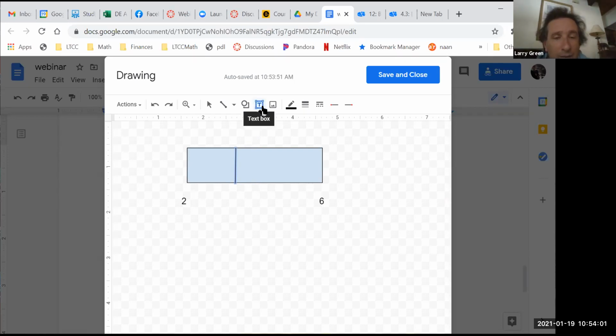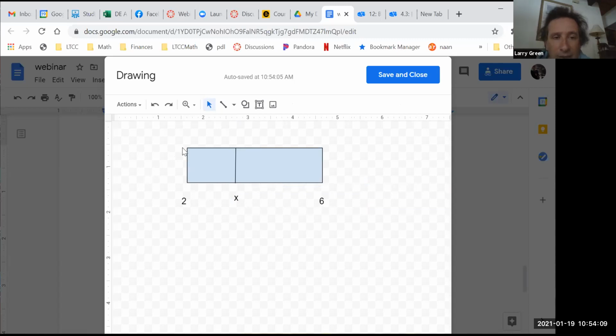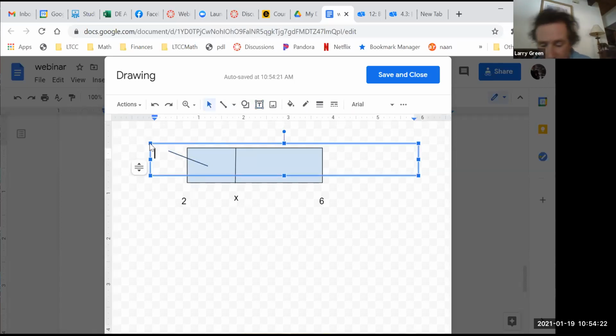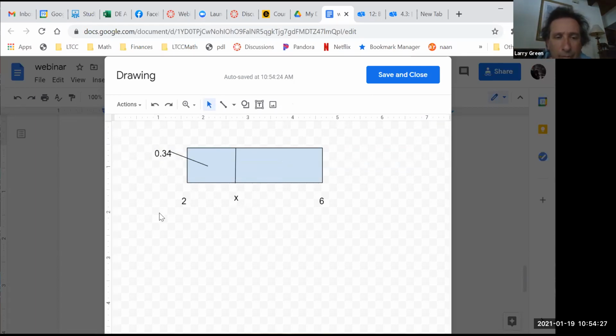And if you don't know it, you call it x. What I do know is the following. I know that the area to the left of x is 0.34 because that's what it means to be the 34th percentile. Any questions on that? All right, let's save and close.